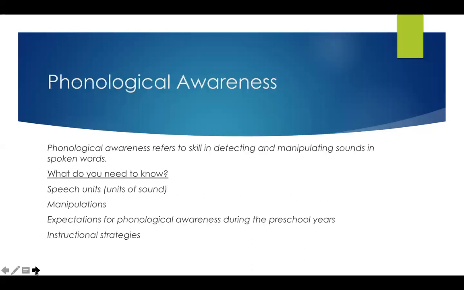Phonological awareness refers to skills of detecting and manipulating sounds in spoken words. As an educator, you want to know the speech units and how to manipulate those speech units. The expectations for phonological awareness during preschool and some instructional strategies are being able to blend sounds together for later reading and segmenting words into sounds for later spelling.